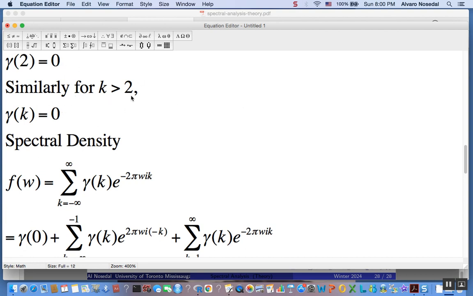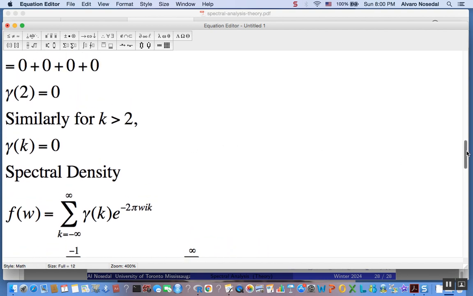And if k is greater than 2, you still have a 0. Okay? So the only one that matters is gamma at 1.